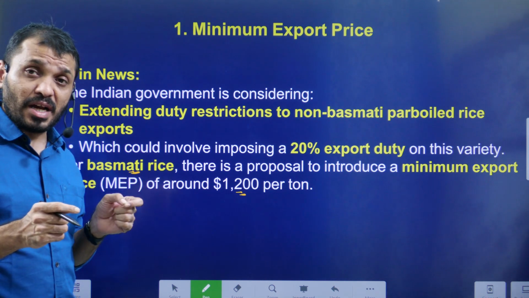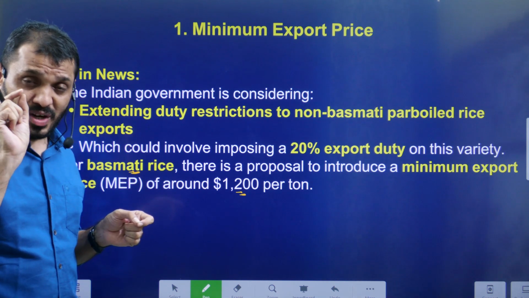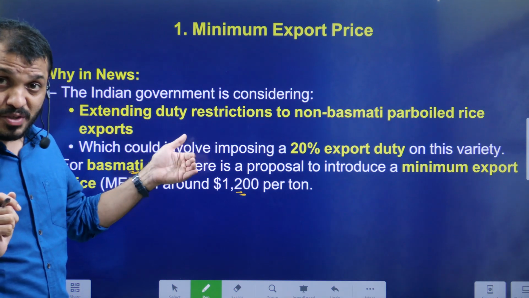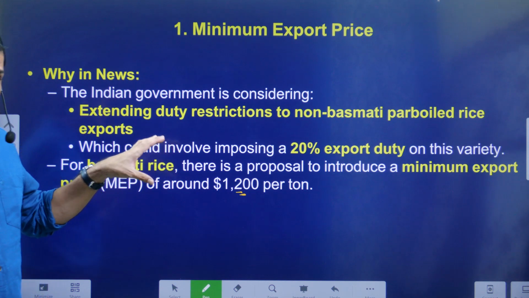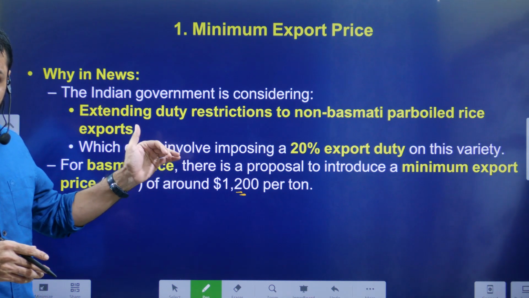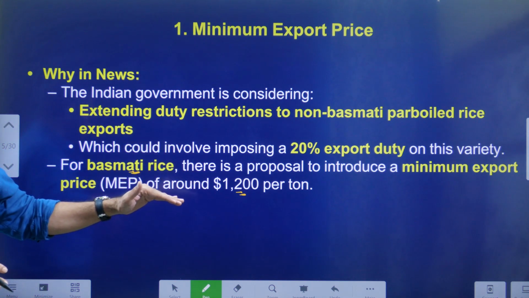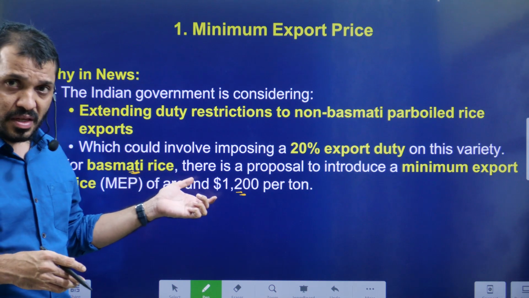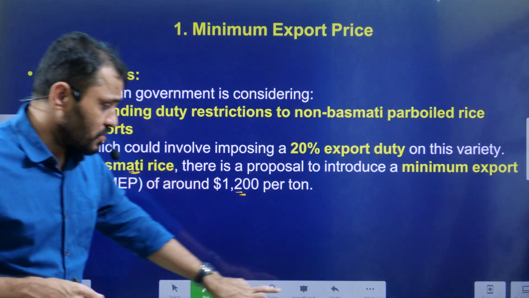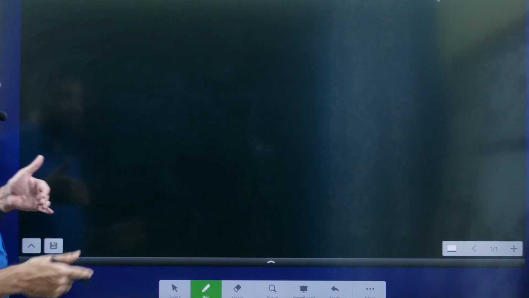The thickness of this parboiled rice is somewhat heavier, like thick rice, and it is generally steam cooked. On this, there is already a 20% export duty. Now recently, the Government of India, yesterday, announced that the minimum export price on Basmati rice will be 1200 per ton. So now let us discuss the concept.